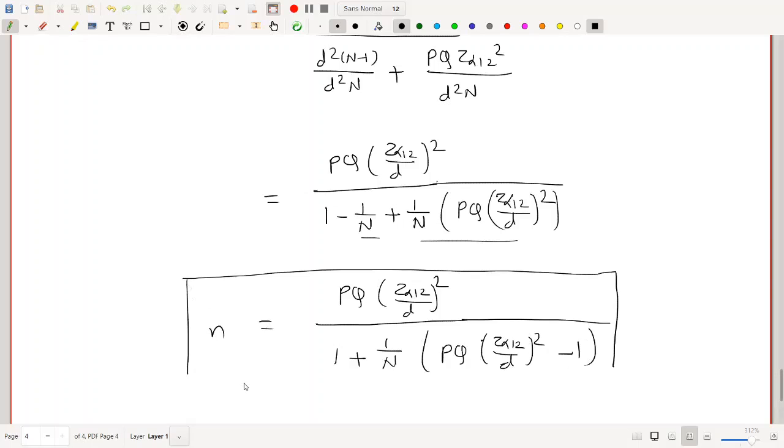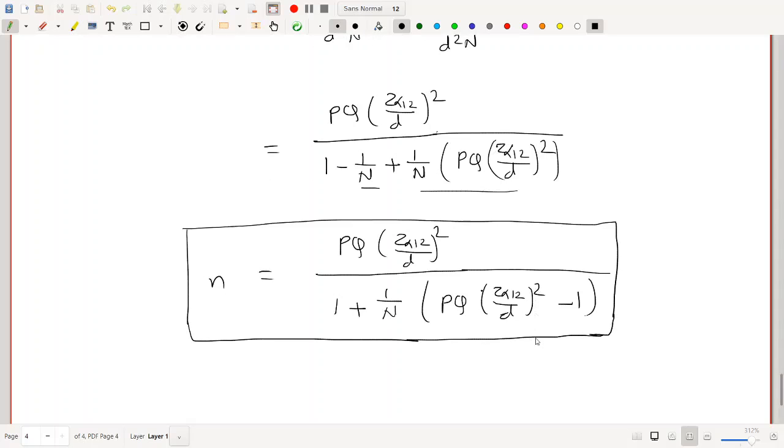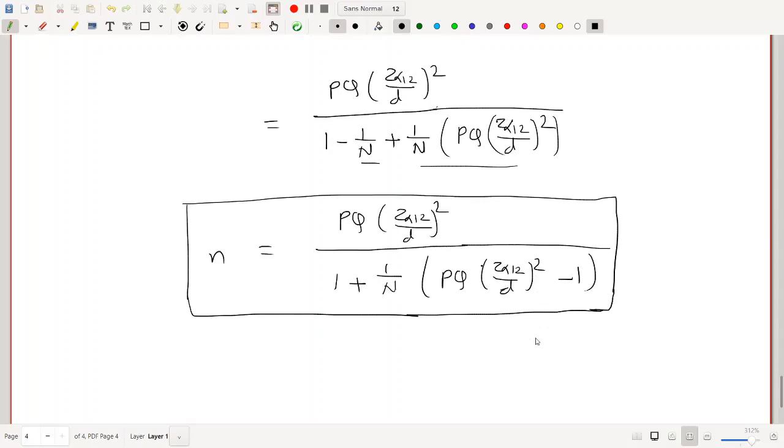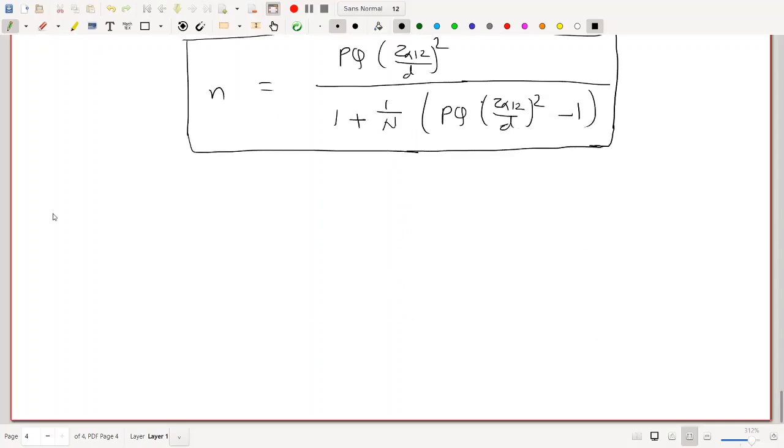Sample size under SRSWOR when we want to estimate a population proportion for a specified marginal error. Usually this P and Q are unknown, so we have to put their estimators. So remark number 1, usually P and Q are unknown.